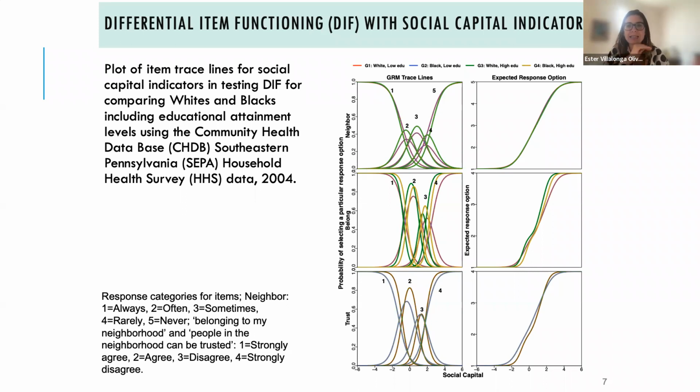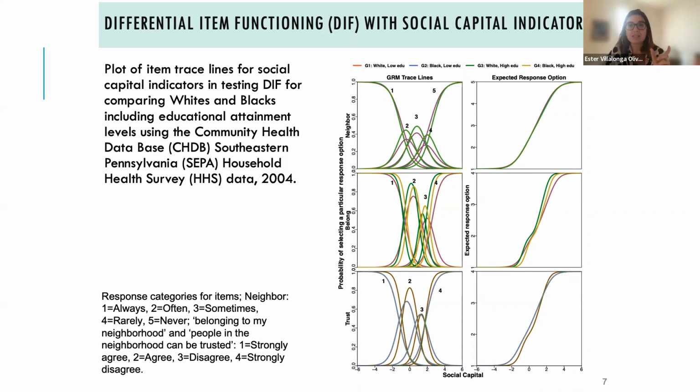This indicates that the groups with lower educational attainment have the same distribution. However, the distributions are different in the groups with higher educational attainment. Whites with a higher level of education have higher levels of endorsement of the disagree and strongly disagree response options than Blacks when they have the exact same level of education and the exact same level of social capital.